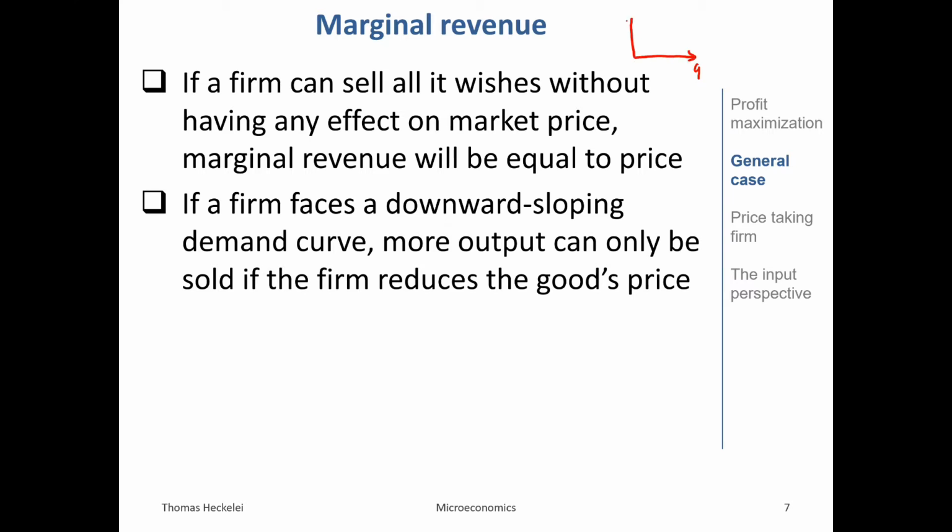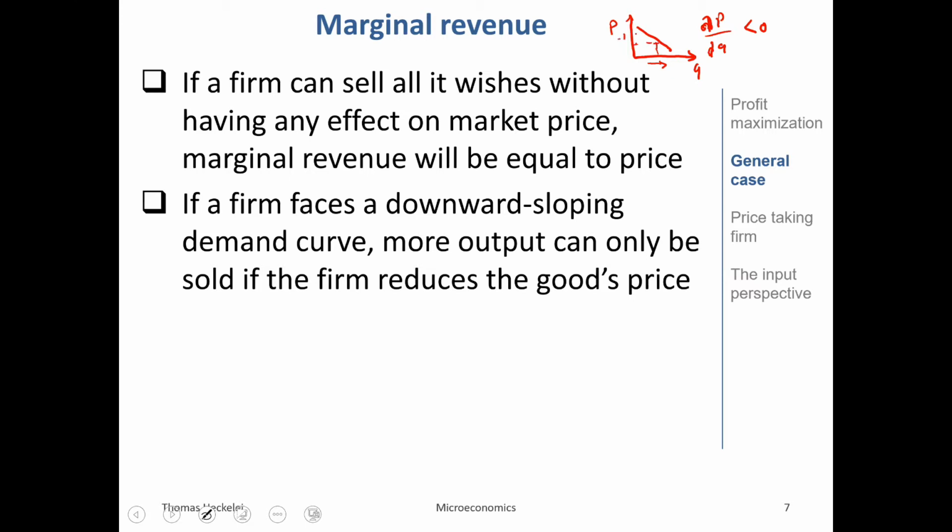Here we have Q, we have P. Downward sloping means the slope of this demand, dP with respect to dQ, is negative. And as it's negative, the more you increase Q, the lower the market price is, right?